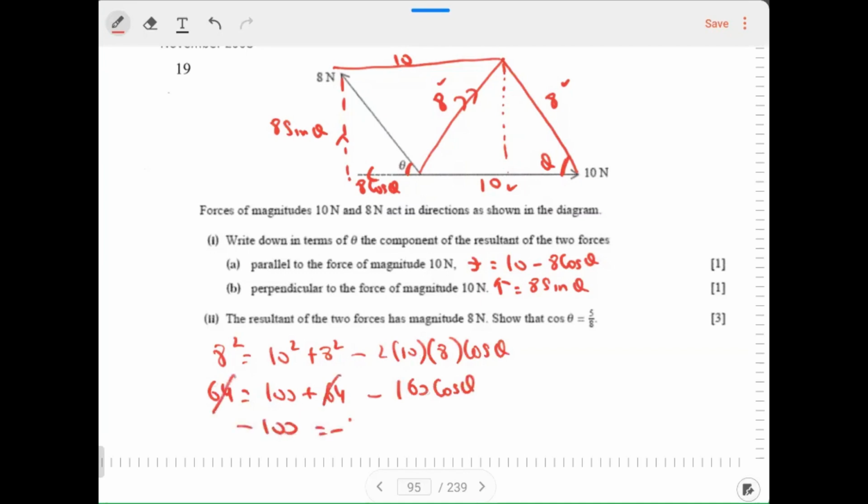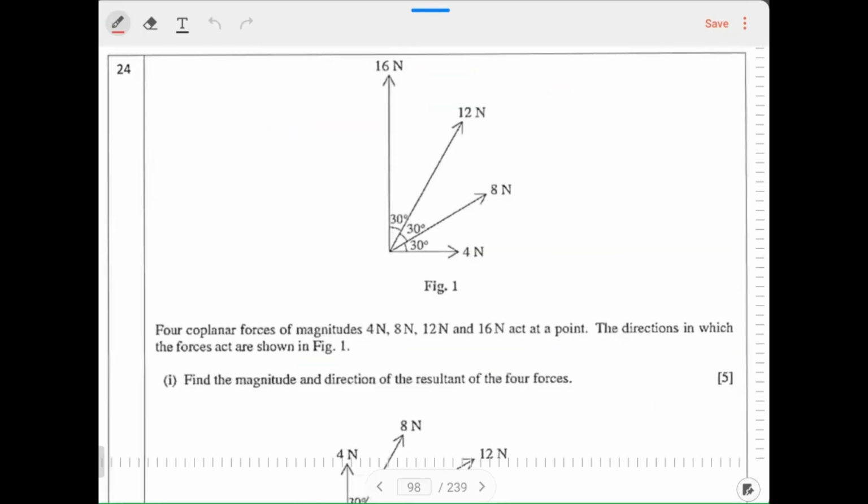So 64 equals 164 minus 160 cos theta. Cos theta is 5 upon 8.